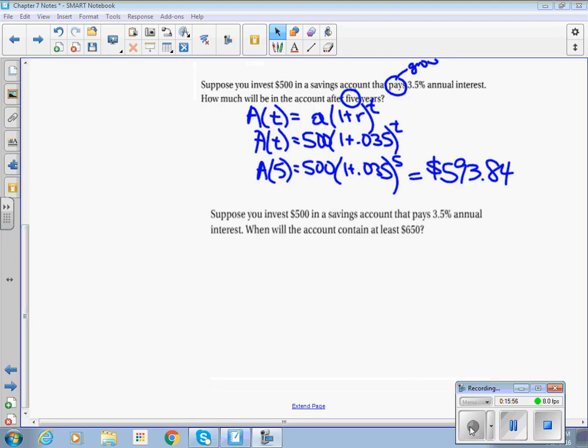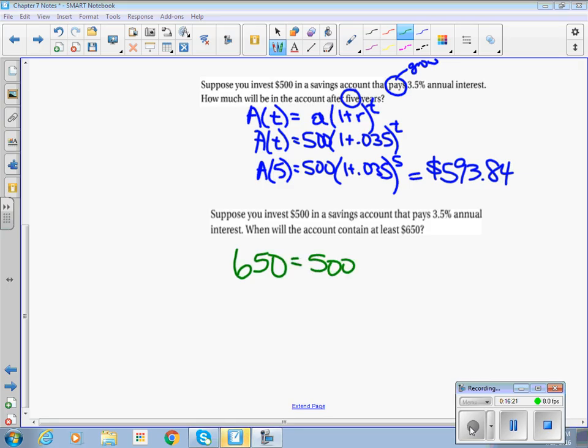If we take this exact same problem, and because we haven't learned the necessary skills to undo this, we are going to find out using our graph when the account will contain at least $650. So my A of T is 650.